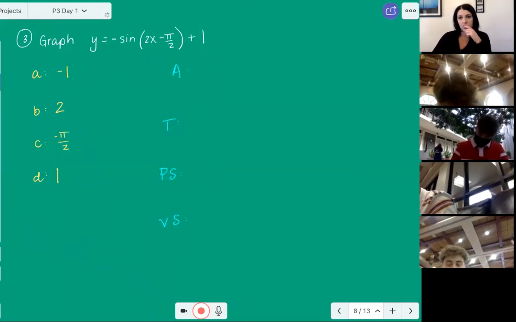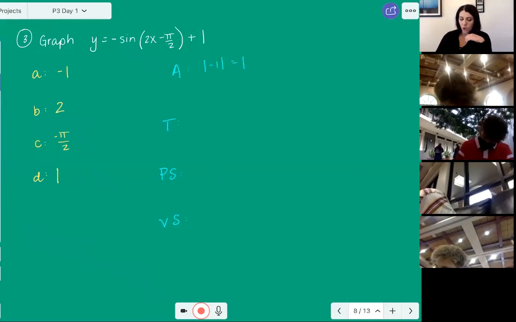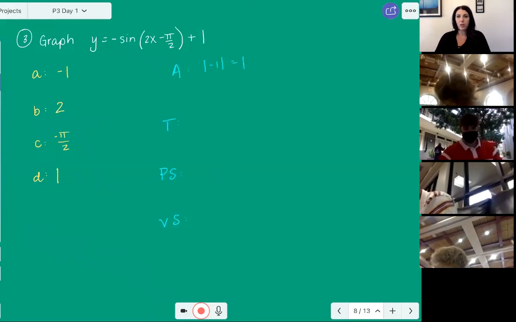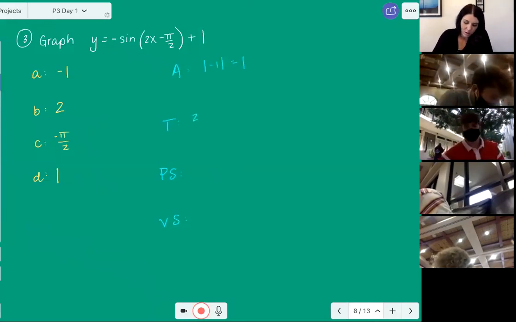So it's the absolute value of -1, which is 1. Good. What does that mean, Dayton? The distance from the midline to the max point is 1. Fantastic job. Cooper, how about our period? Our period is 2 pi over the absolute value of 2, which is just equal to pi.